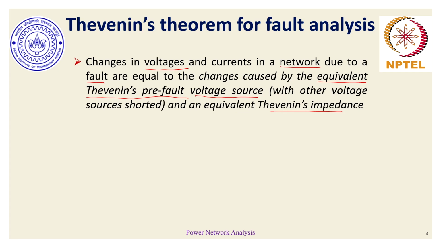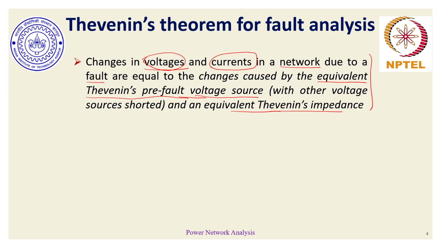So the summary of this statement is that if a fault occurs in a power network and we are interested in finding the change in the bus voltages, or the change in line currents or bus currents, then these new changes, which are the fault currents and the corresponding post-fault voltages, can be obtained through a simpler analysis, with just one equivalent Thevenin's pre-fault voltage source and one equivalent Thevenin's impedance.